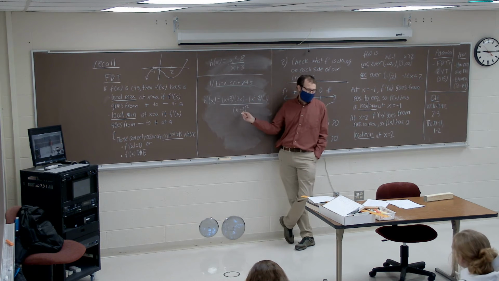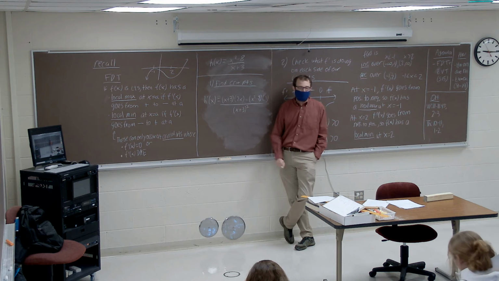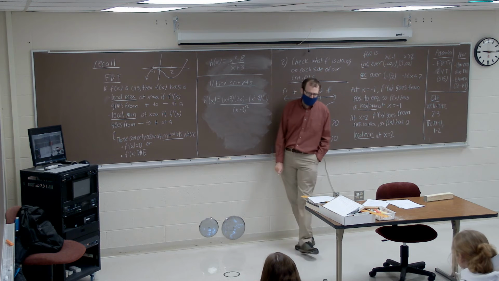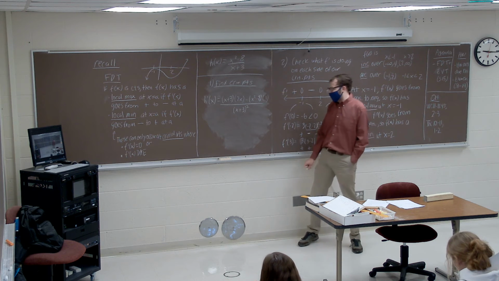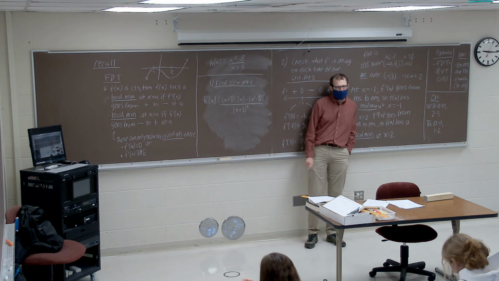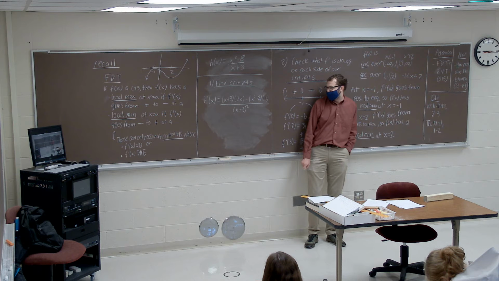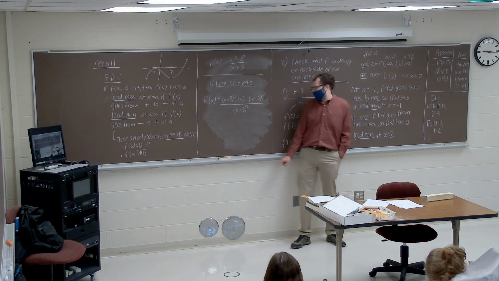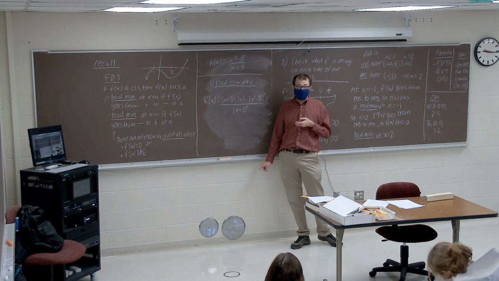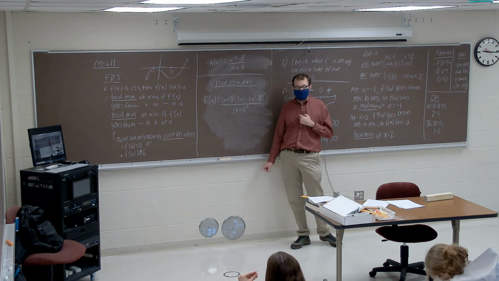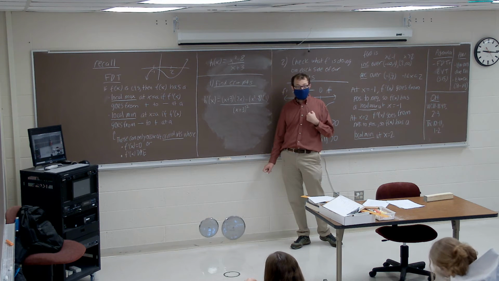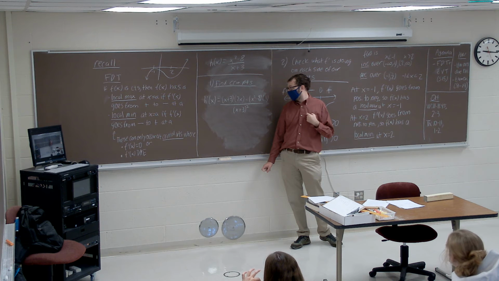Is there anywhere where this expression, let's start off with undefined. Is there anywhere that this expression is going to be undefined? Kenzie? Why is this undefined at -3? Because when you set x equal to -3, x plus 3 is 0, and you can't divide by 0.